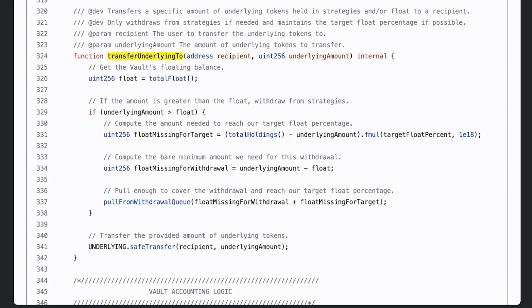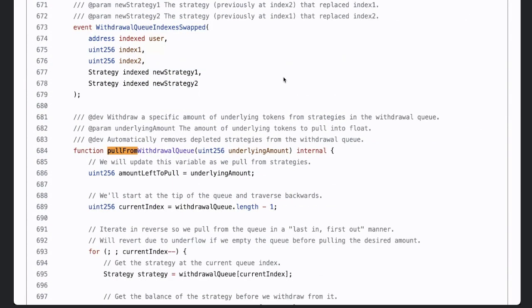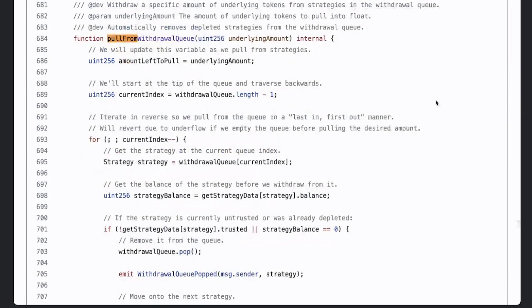And that's managed via this withdrawal queue array that we have. And the array is ordered last in, first out. So that means array.length - 1 is the thing that's first going to get removed from the queue, and array index 0 is the thing that's going to get removed last from the queue.